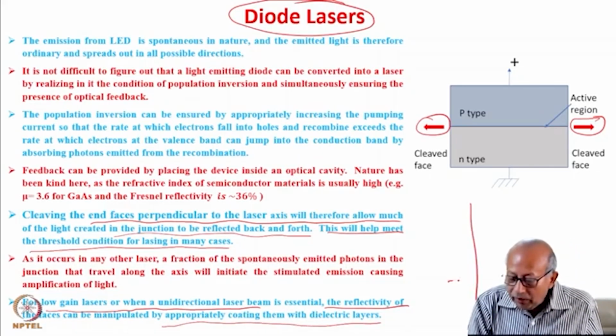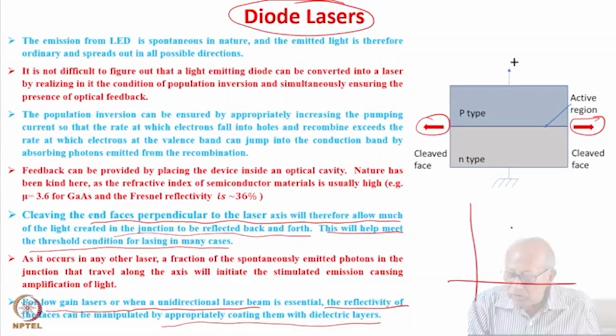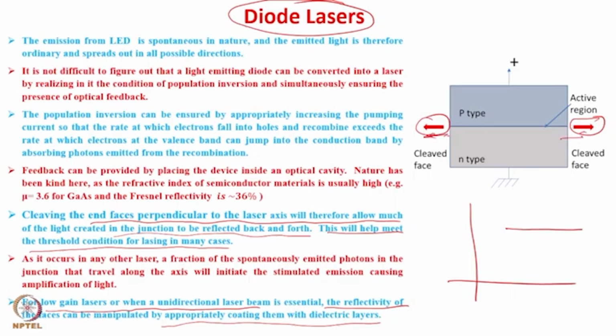See, when the gain is less, suppose this is your loss line, with 65% loss from both ends. And suppose this is a weak gain laser. So the gain, suppose, lies here. Under this condition, the lasing condition would not be met.